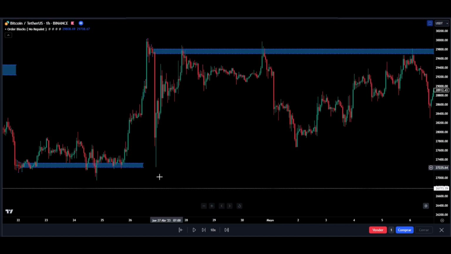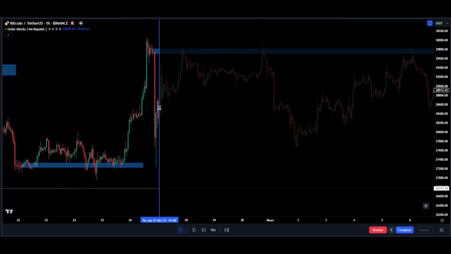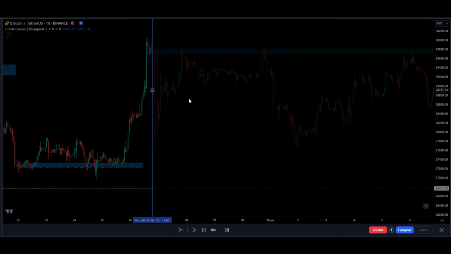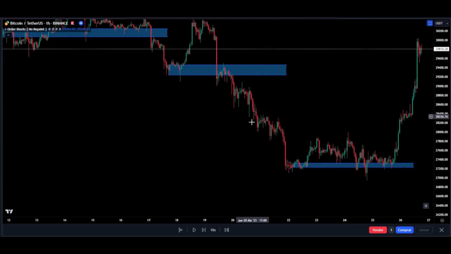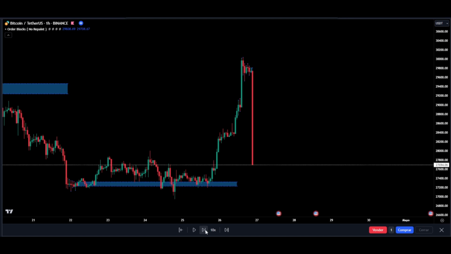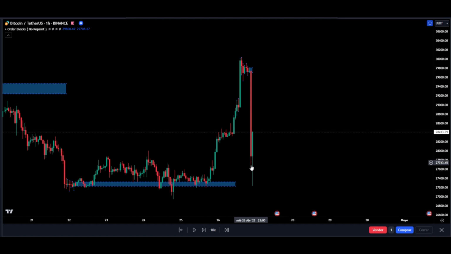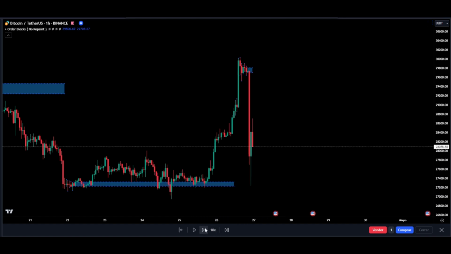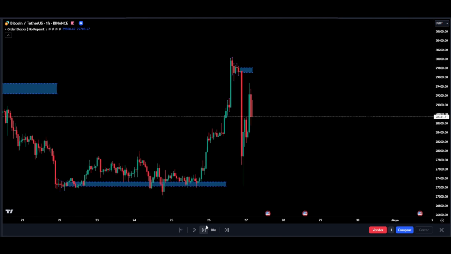But all this remains difficult to understand unless we use the replay tool to go back in time. Well, let's say we were trading somewhere here. We see that the price rebounded fast from the order block area because the buy orders here were of high values.